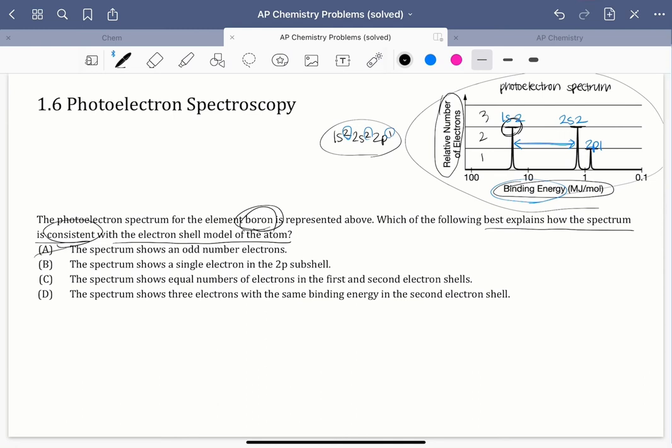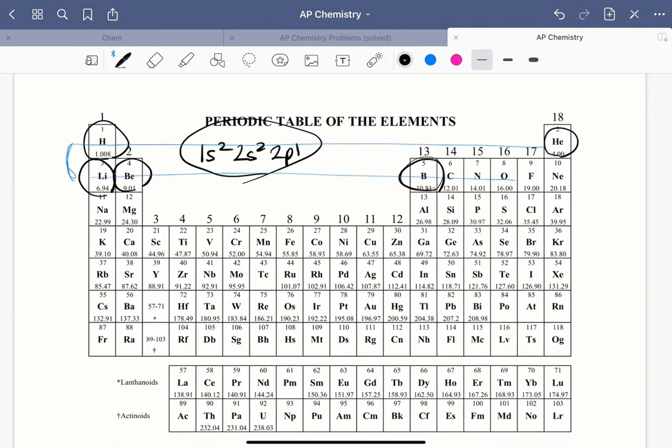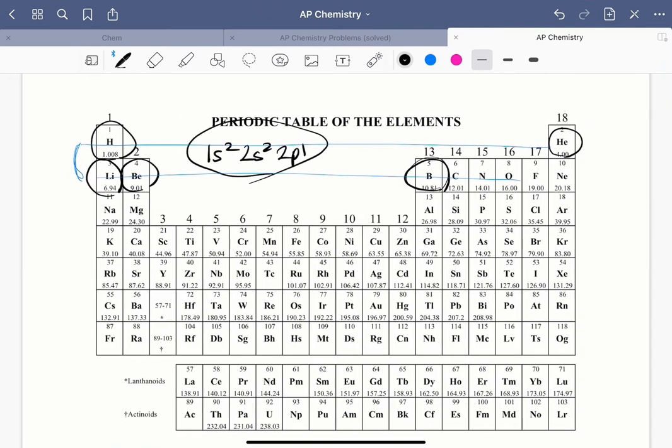Option B, the spectrum shows a single electron in the 2p subshell. It has a single electron, and it is accurate, and it best explains how the spectrum is consistent with the element boron. Because if you look at the periodic table again, the only element that has one electron in the p subshell is boron.